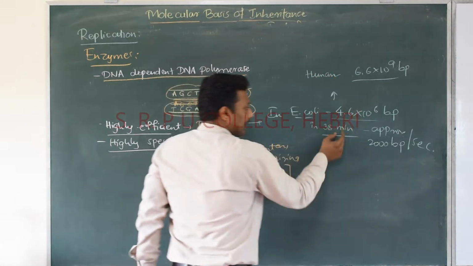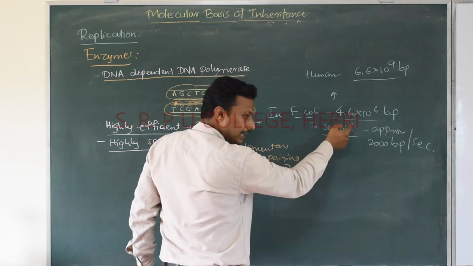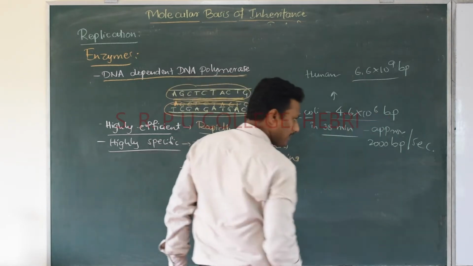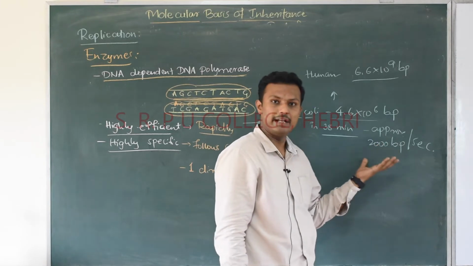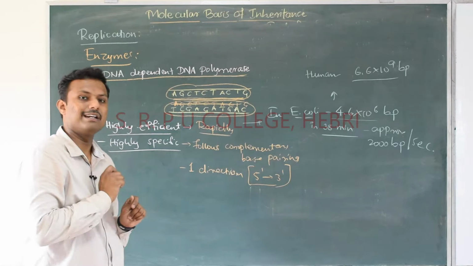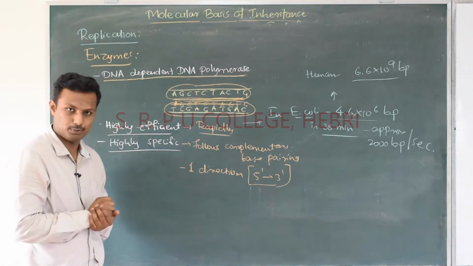So this is the time consumed to replicate the entire DNA of E. coli, which is 4.6 into 10 raised to 6 base pairs in length. Per second it will replicate approximately 2000 base pairs. That is a very fast process, a highly efficient process, right?